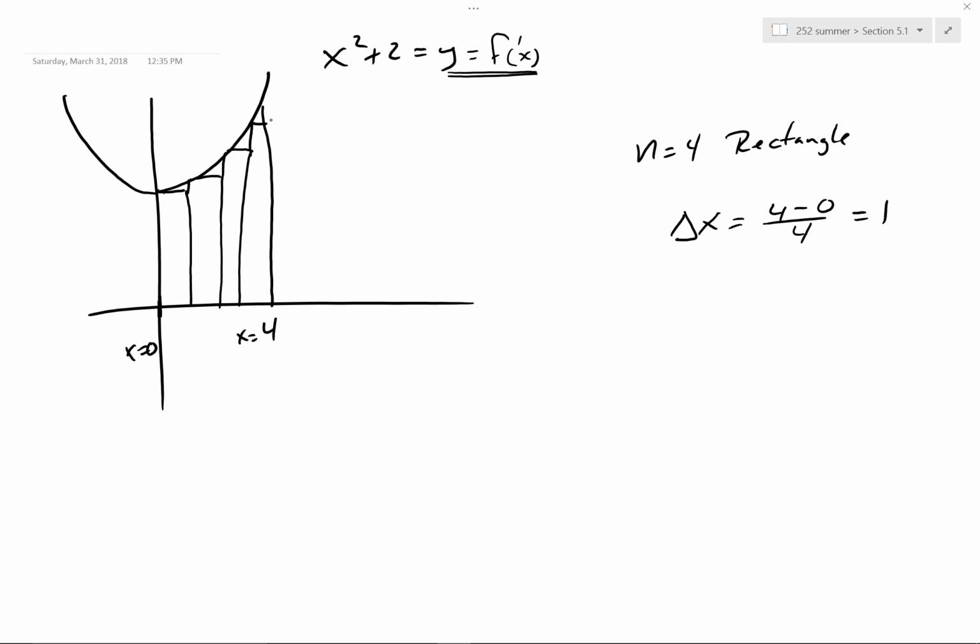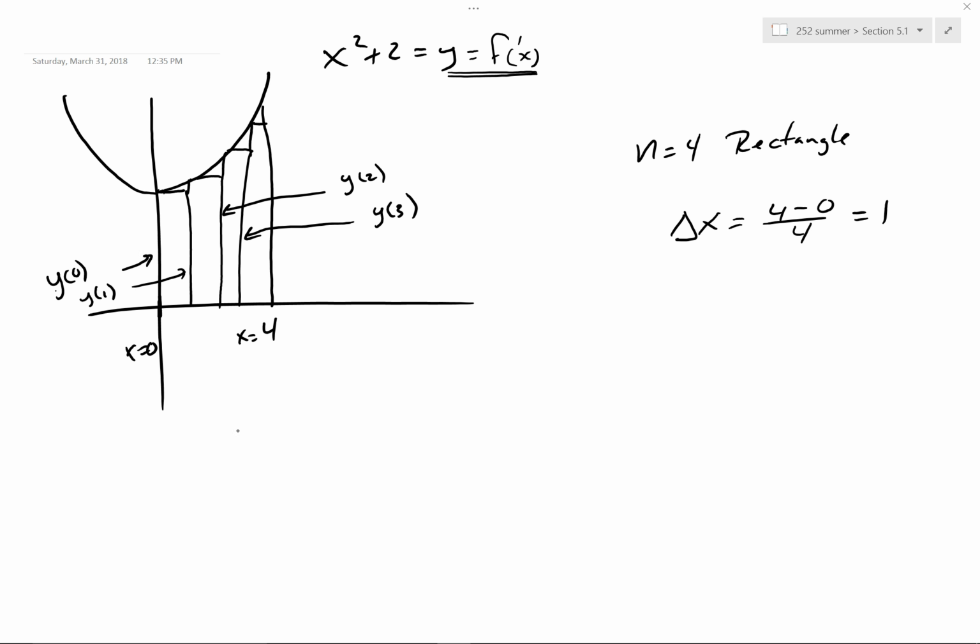And so forth. Okay, there's 4 little rectangles in there. Can you see that? Notice that the height of this rectangle is, well, I'll write it this way, it's y of 0, yes? And of course this one here is y of 1, and that one there is y of 2, and this one here is y of 3.